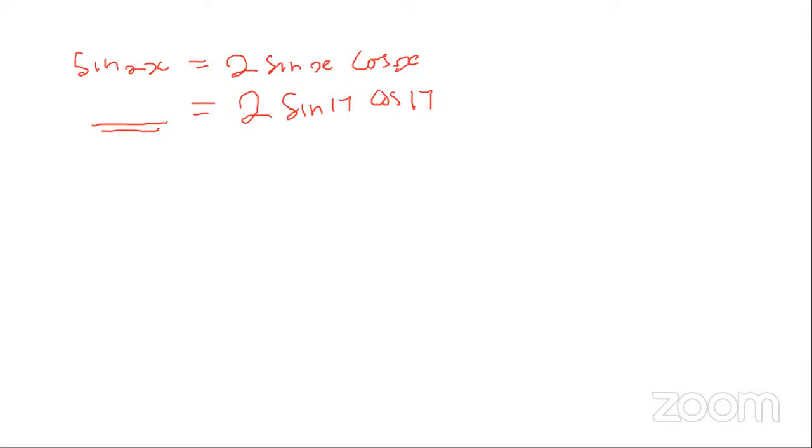The x is 17, not so? Yes. So sine 2 times 17, and that would be 34. Let us slightly wait for him because he seemed not to get this section well, and his network seems to be bad this evening.